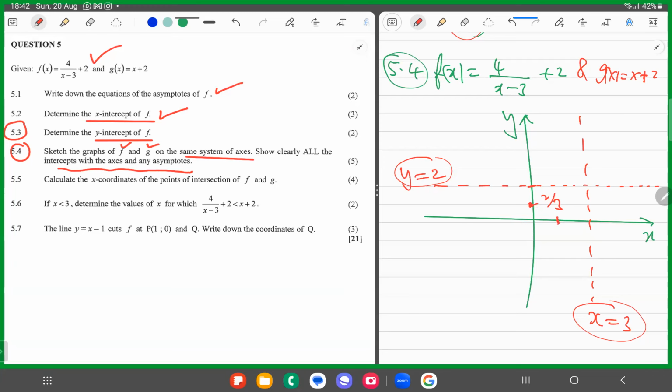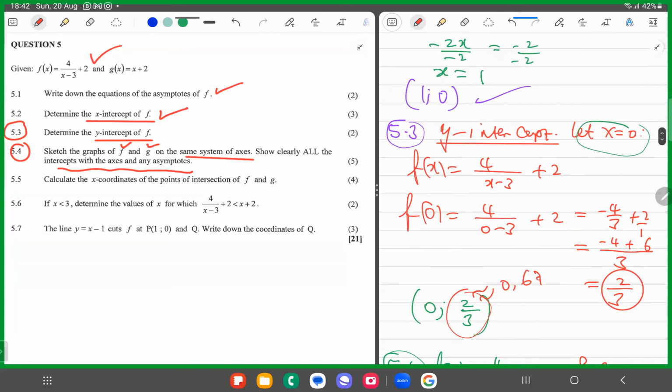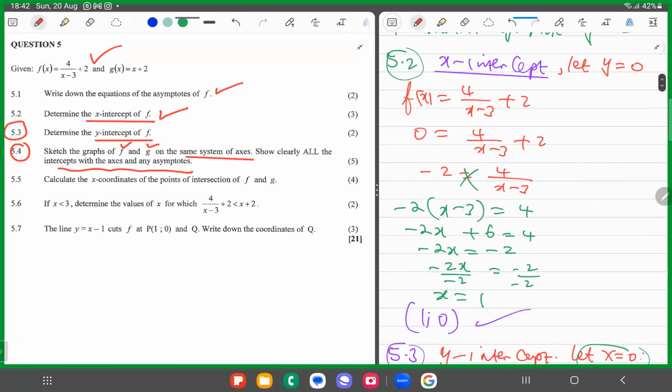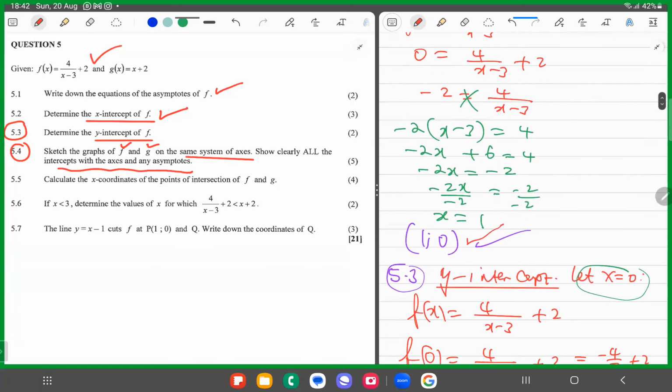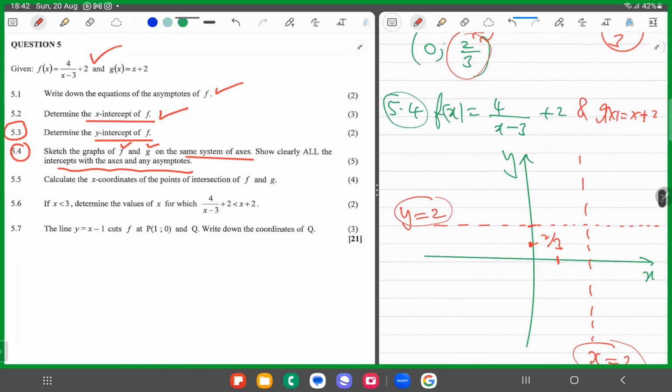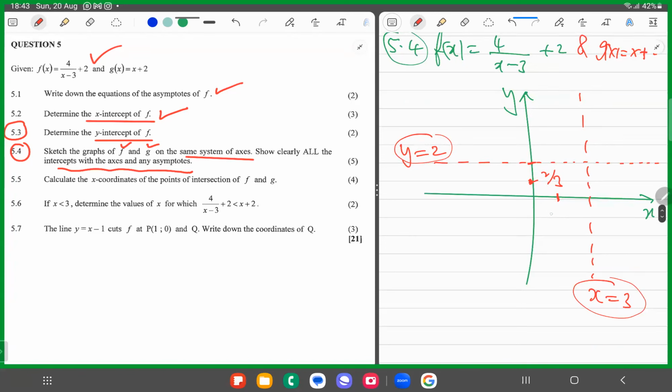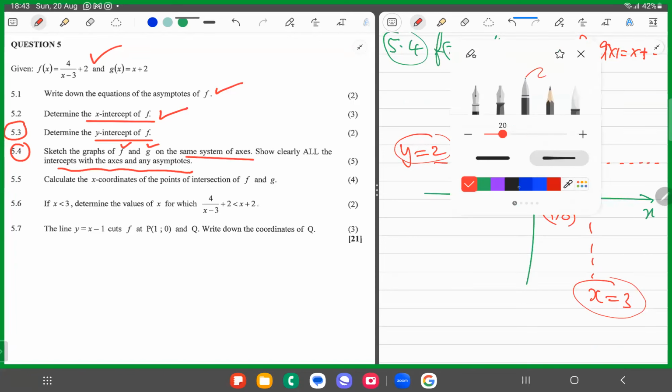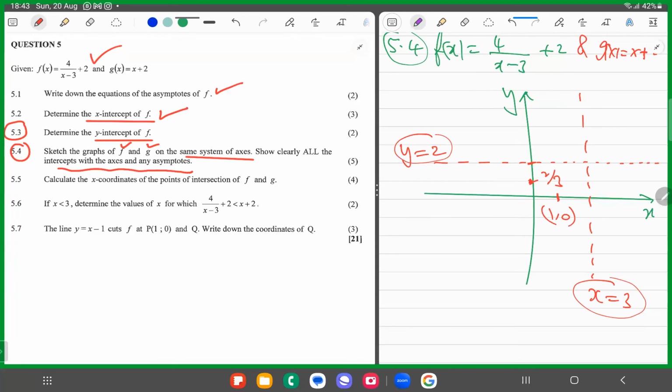The x-intercept we saw was exactly 1. x equals 1, so the point is (1, 0). So this is the sort of graph you have.